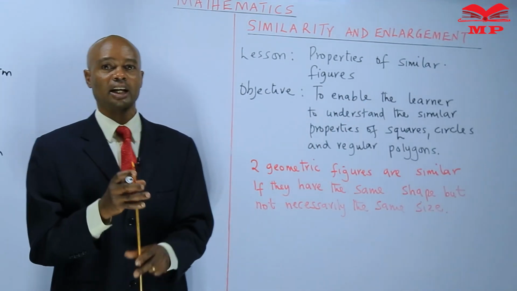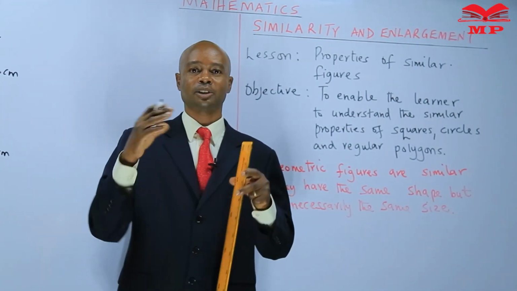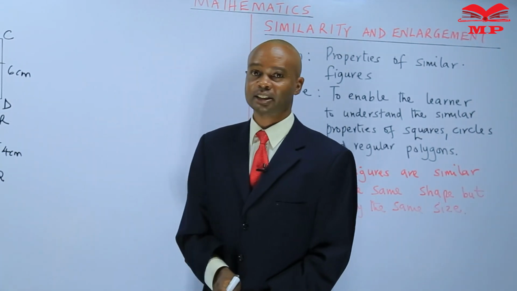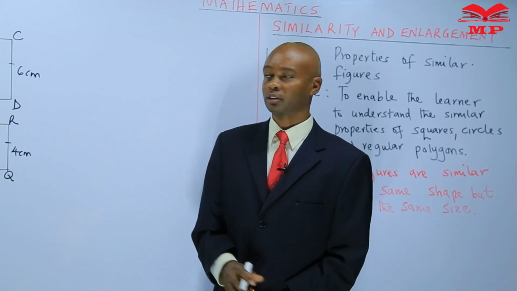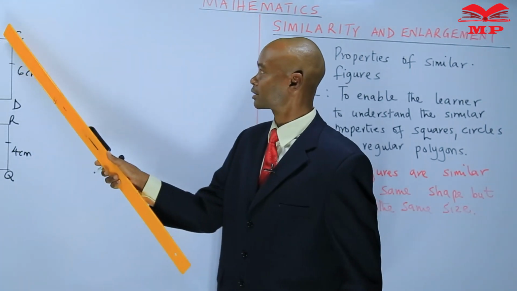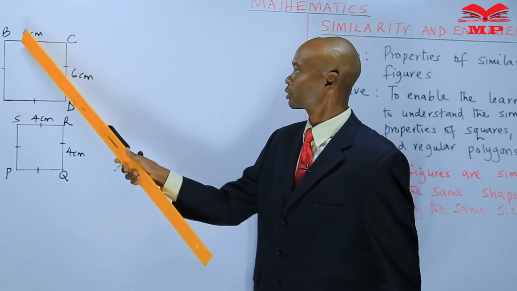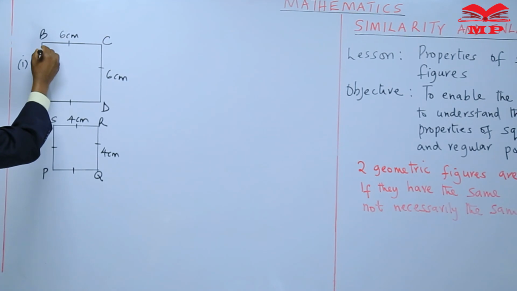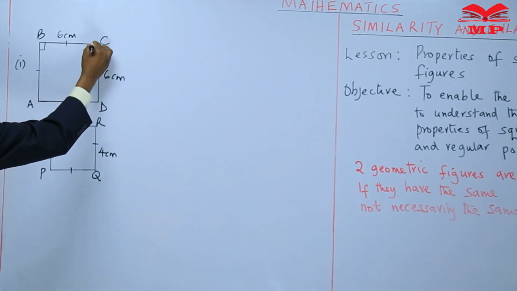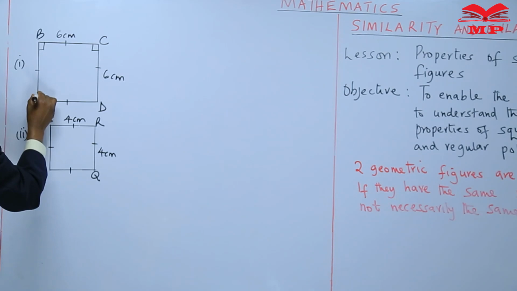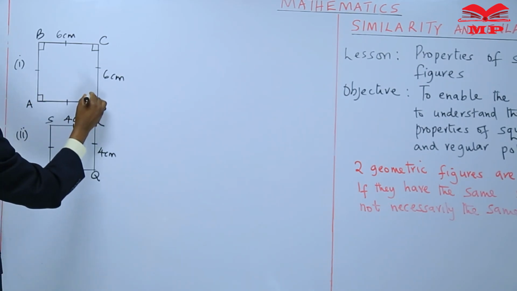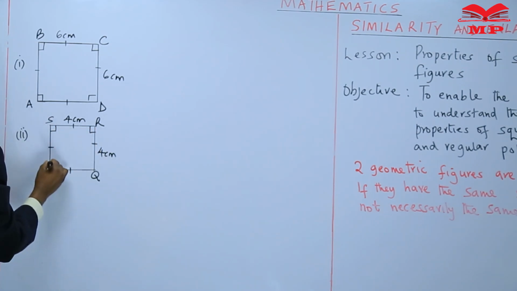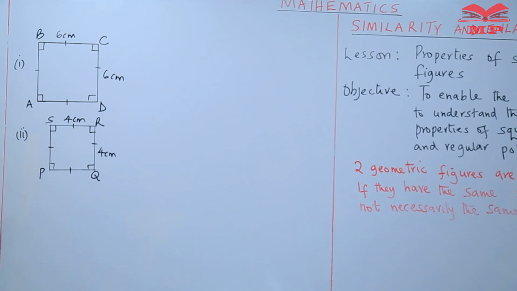What gives a figure a shape? It is how it is carved. One of the things that will give it that shape is the angles involved. If we look at our two figures, at the vertices we get right angles. This is a right angle, that is a right angle, and similarly for the other square.